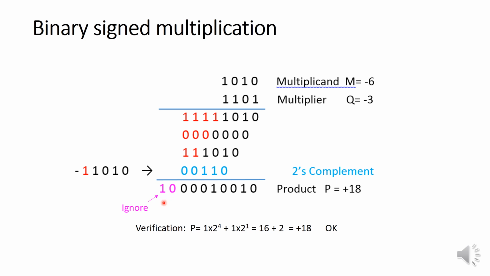If in the result there are bits out of the line, we ignore them because they do not participate. This is the verification of the result, and we find that with these modifications the result is correct. Plus 18, it's okay.